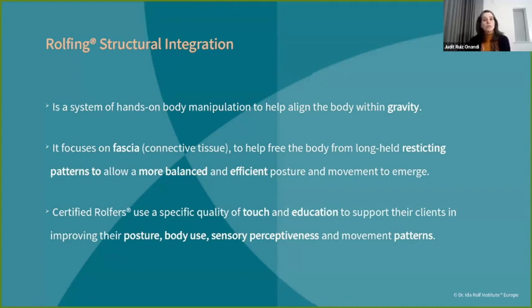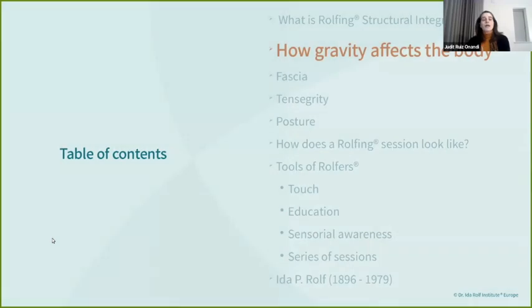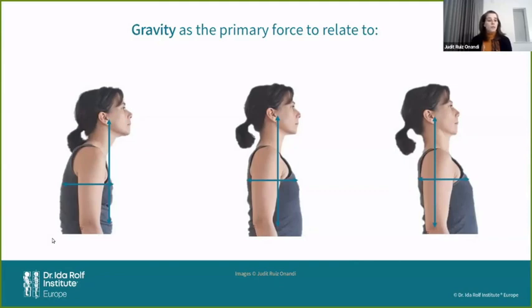But why do we give so much importance to gravity? Actually, this was one of the revolutionary ideas of Ida Rolf. Again, this was the beginning of the mid-20th century when she said that the mass of our body is also subject to gravity, not only buildings. This can be seen, for example, in what we talk a lot about nowadays, the forward head posture that you can see in this left image, where my head in relation to my thorax is rather in front.